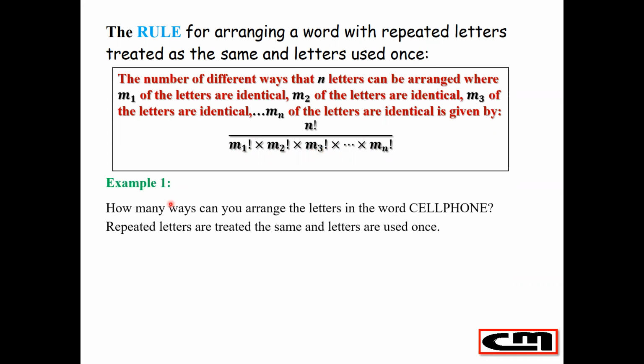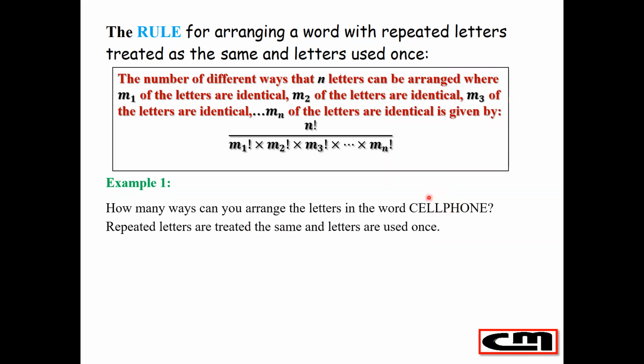Let us look at example number 1. How many ways can you arrange the letters in the word cell phone? Repeated letters are treated the same and letters are used once. The phrase treated the same is what should call our attention. What is the meaning of this?